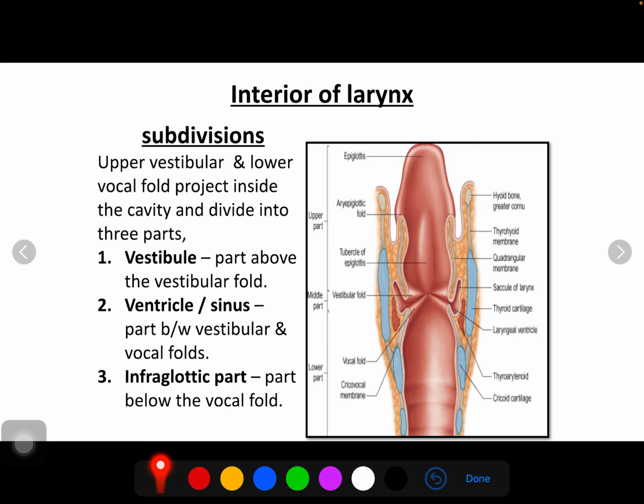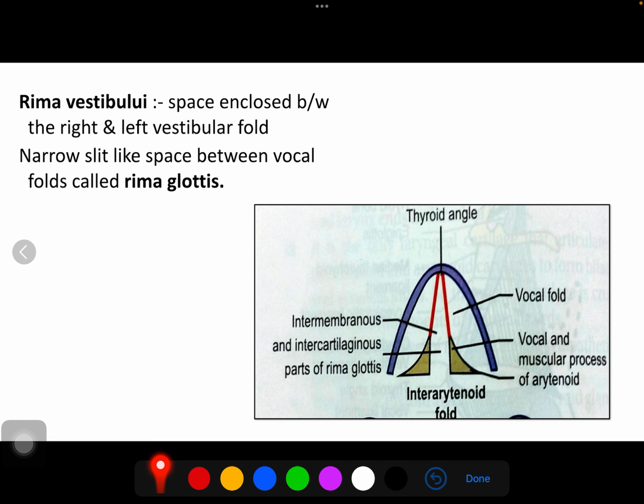The vestibular fold appears pink on laryngoscopy due to the presence of capillaries in the submucosa. The space between the right and left vestibular folds is called the rima vestibuli.